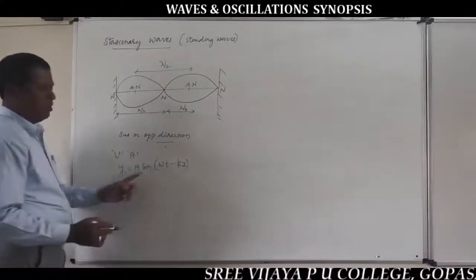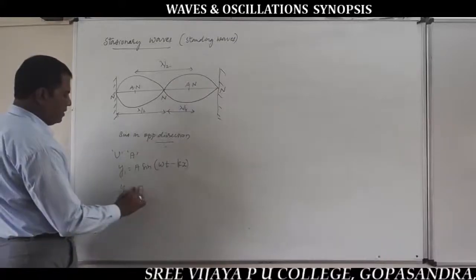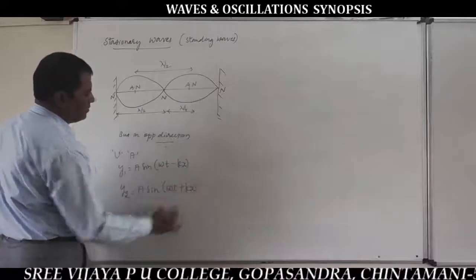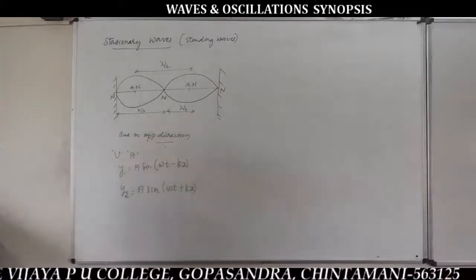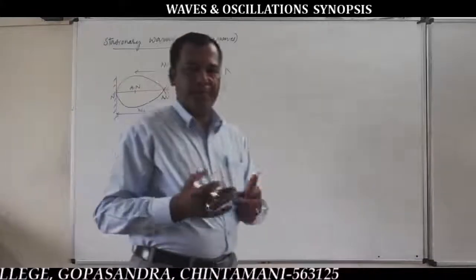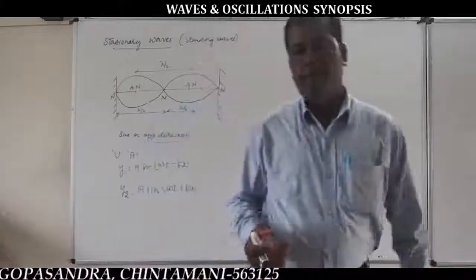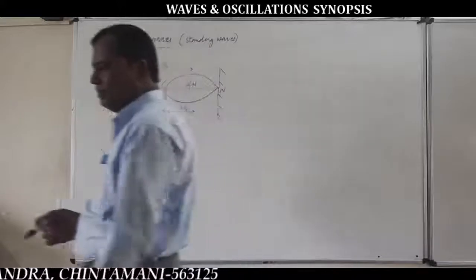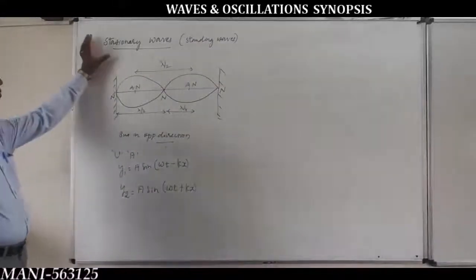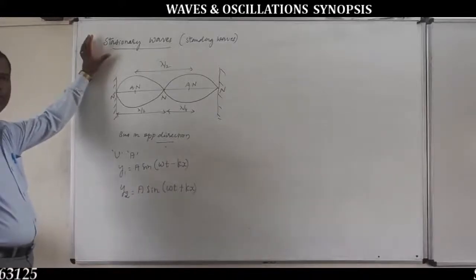This is moving along the positive x-axis. a sine(omega t plus kx) is moving along the negative x-axis. So they have the same speed, amplitude, frequency and wavelength, but they are traveling in opposite direction. When they superpose, there is a formation of stationary waves.